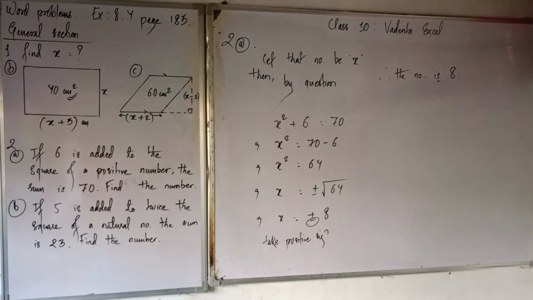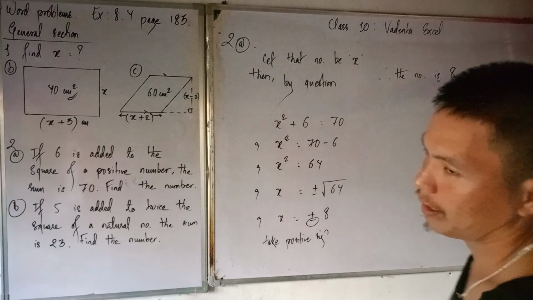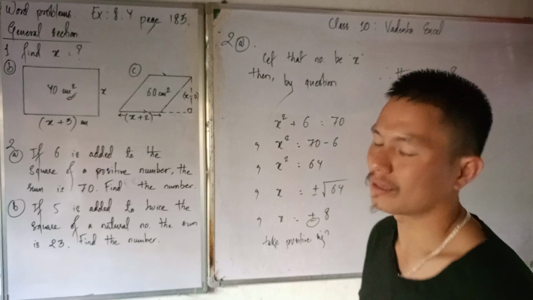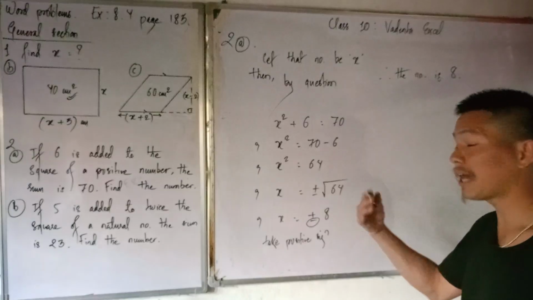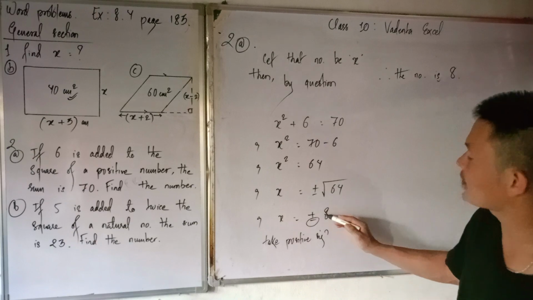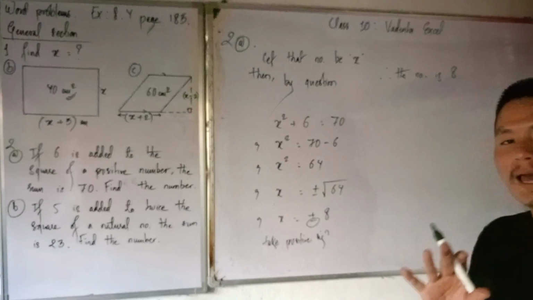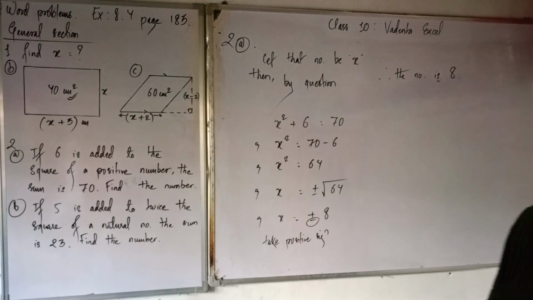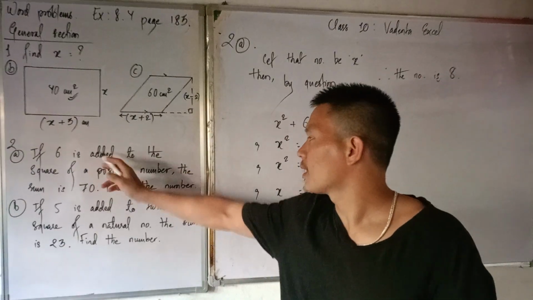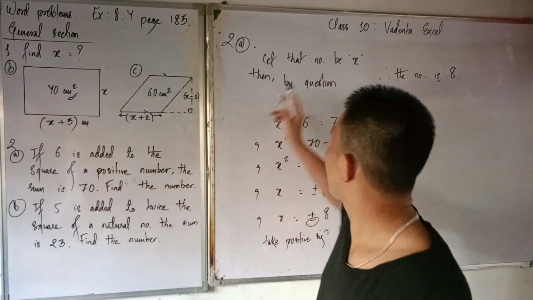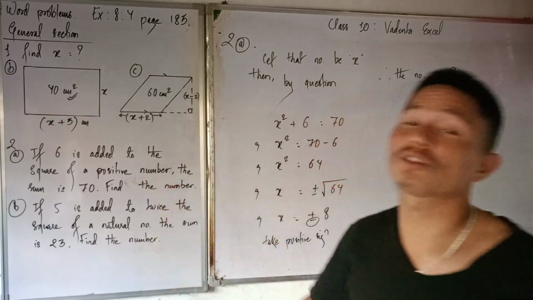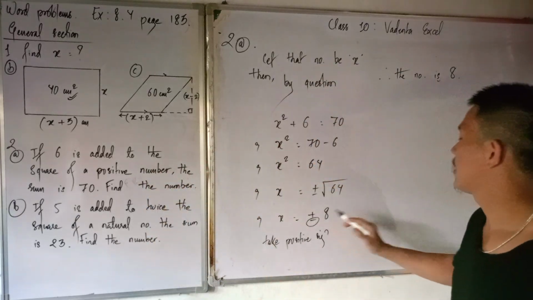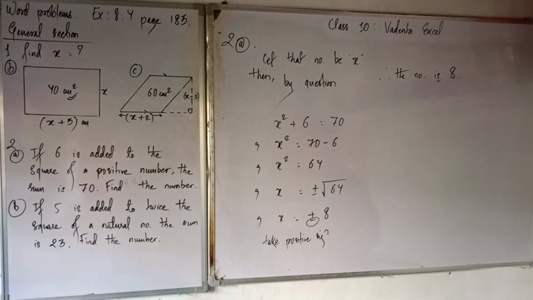So if there wasn't any specific condition mentioned, we could have considered both positive 8 and negative 8 as the answer, but in the question the number which we suppose should be a positive number, so we have only taken the positive 8. That is the reason.